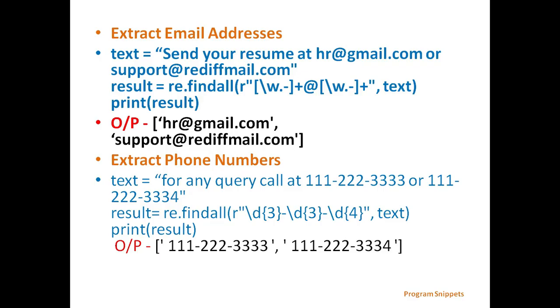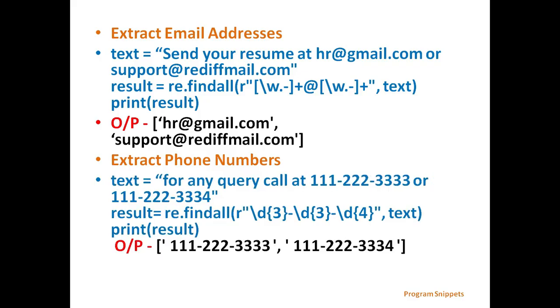Then we see extracting phone numbers from the text. So here we have defined the text: for any query call at 111-222-3333 or 111-222-3334. Here we will give the pattern for searching. The pattern is first 3 digits, then a dash, again 3 digits, a dash, and then 4 digits.